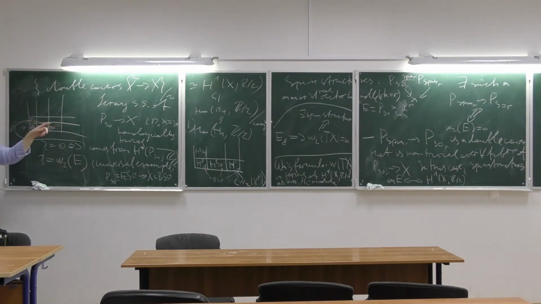And if pi naught of X is 0, which we can always assume, then the group here will be just Z by 2. Now the generator of this Z by 2 is globally defined if and only if the second differential is 0.